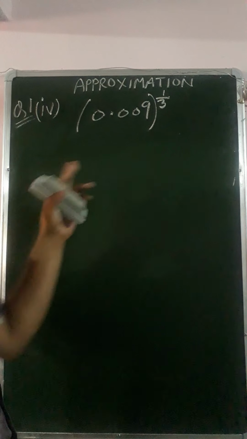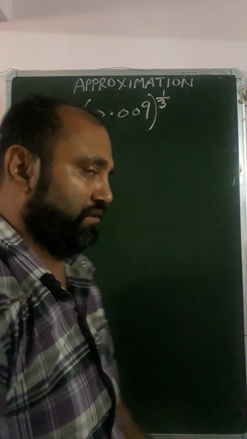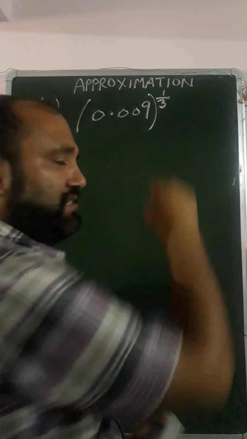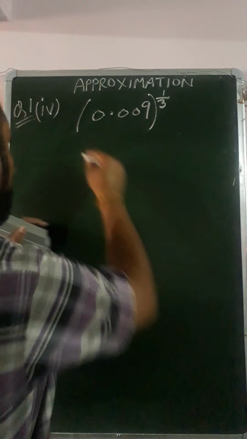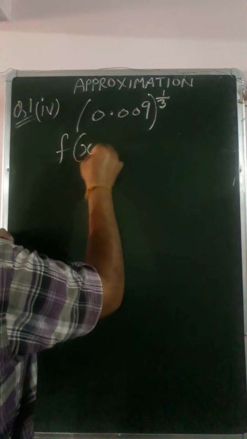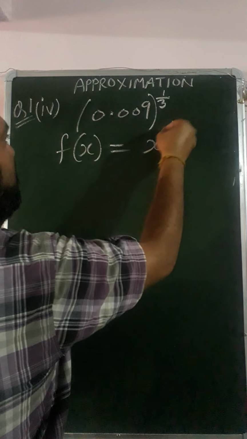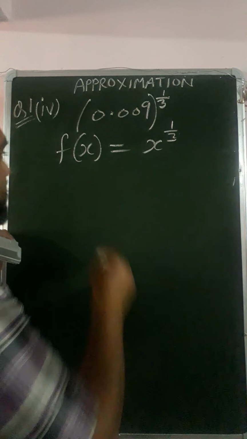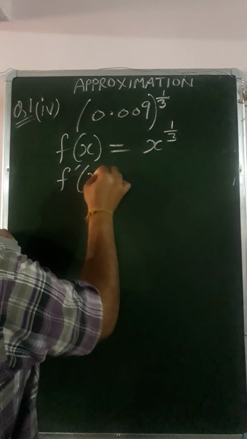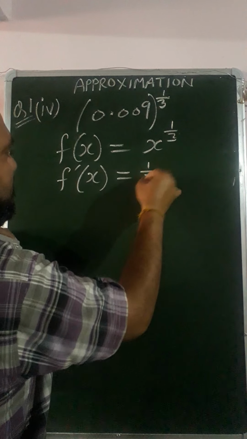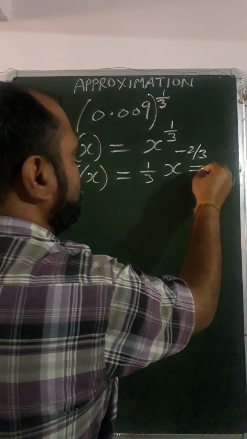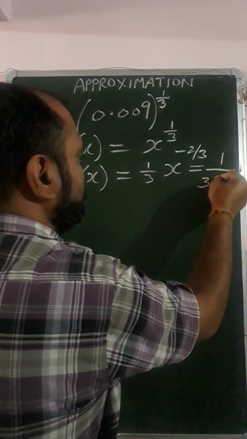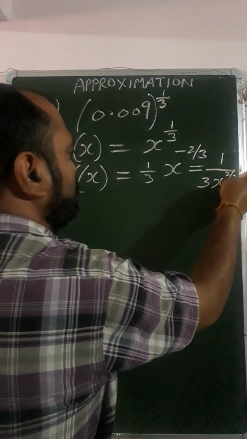Now note this question. Its function is the cube root function. So I am taking the function f(x) as x raised to the power 1 by 3. Similarly, its derivative is 1 by 3 x power minus 2 by 3, which is written as 1 over 3 into x power 2 by 3.